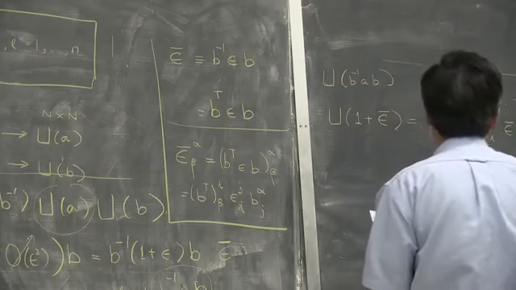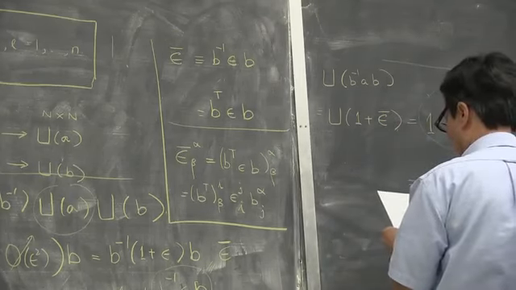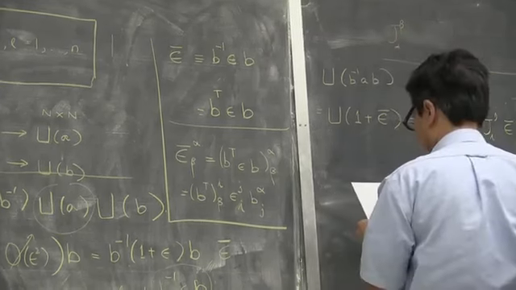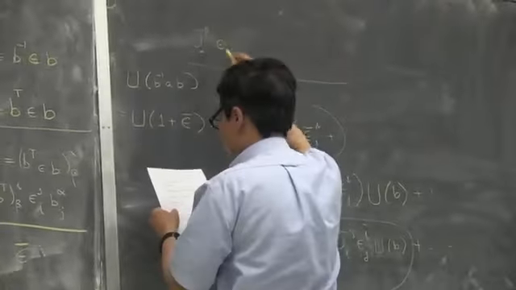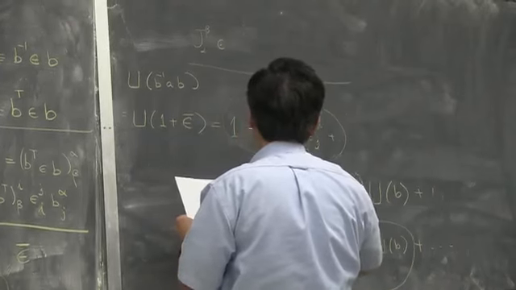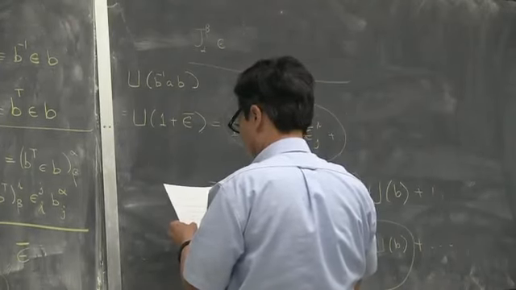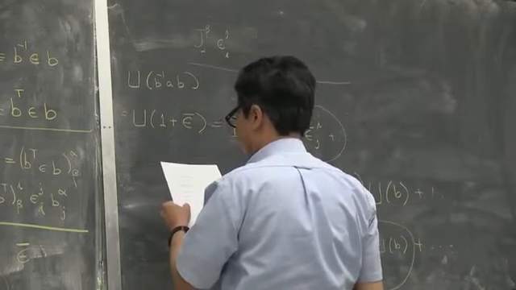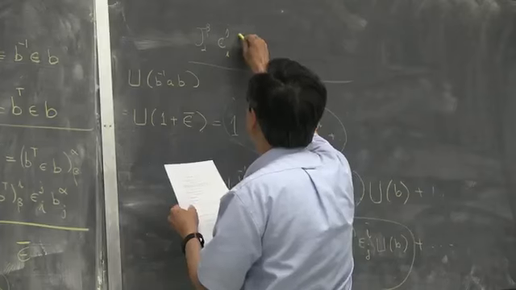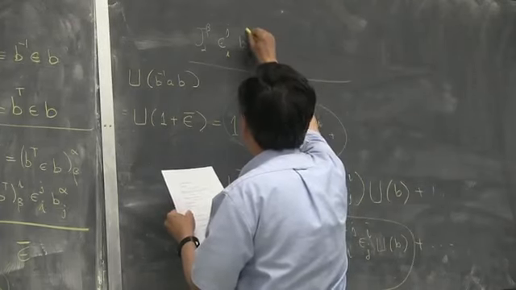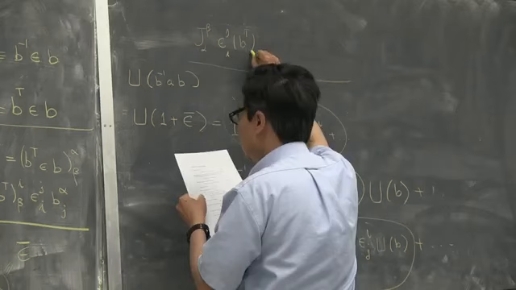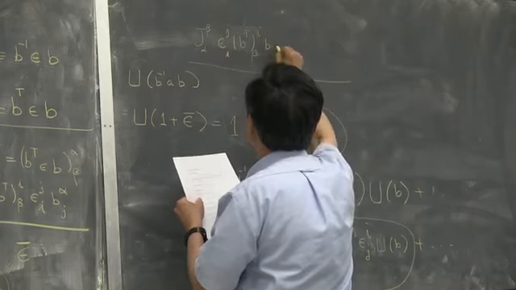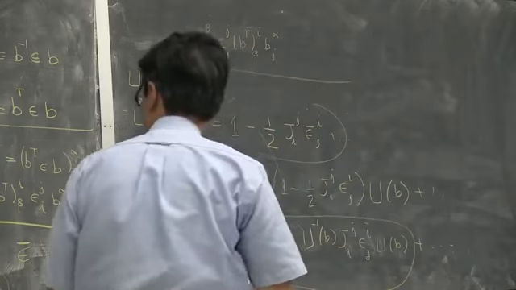Let me see if you agree with me. J alpha beta, epsilon ij, bt of beta i and b of j alpha.